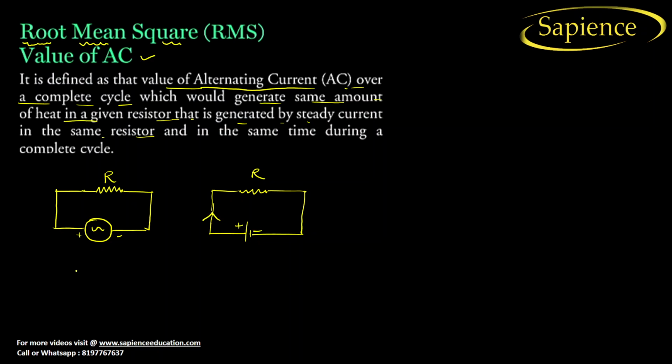You know that when current flows, heat will be generated at both the resistances, here as well as here. We observe that the amount of heat generated will be the same. Let us suppose here heat generated is 100 joule and here also 100 joule for the time period of t.